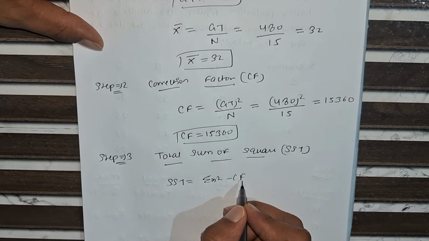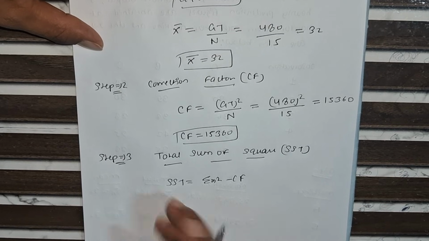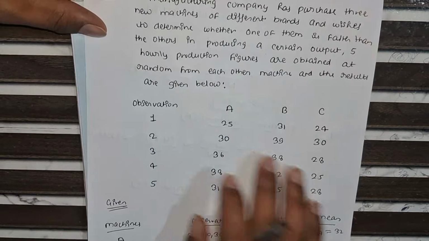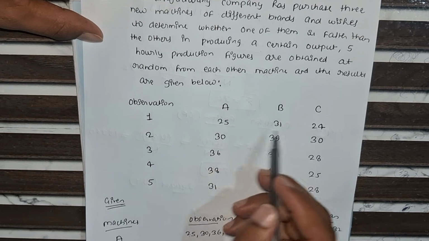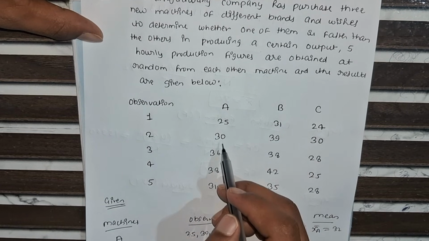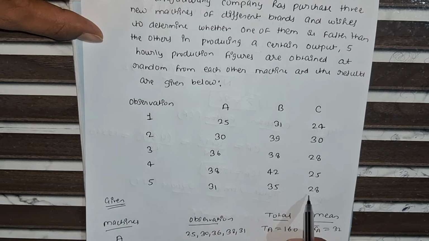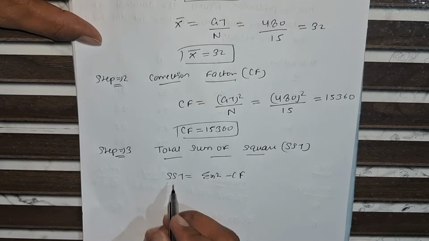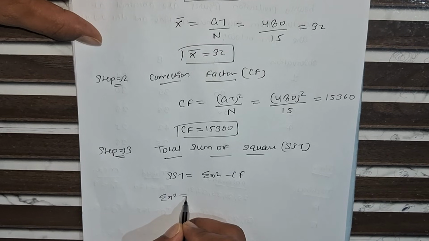CF is our correction factor. So first we know how we calculate our summation of x square. So summation of x square is nothing but 25 square plus 31 square plus 24 square plus 30 square plus 39 square plus 30 square, like that up to 28 square.